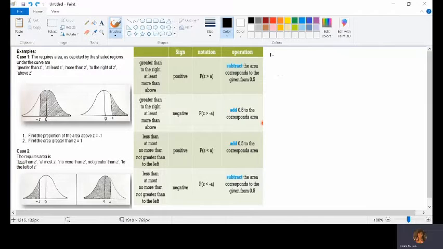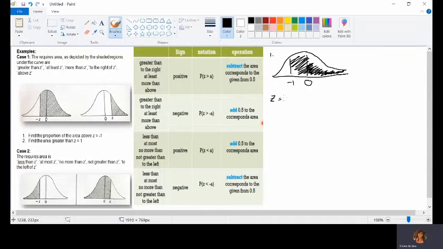So first step, we're going to draw the normal curve. This is your mean, and this is your Z value. This will be the shaded region. So we're going to consult the Z table to find the value of our Z score, that is -1.